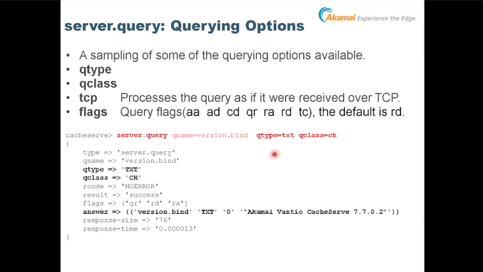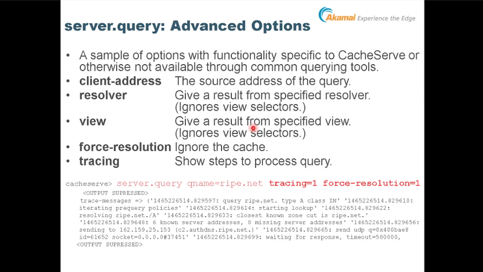Some of the options I already talked about, and you can even pretend as if it was TCP and different flags. So this is DNS stuff. You can specify which resolver to use. You can force resolution, which means ignore the cached value and go out and do it again.